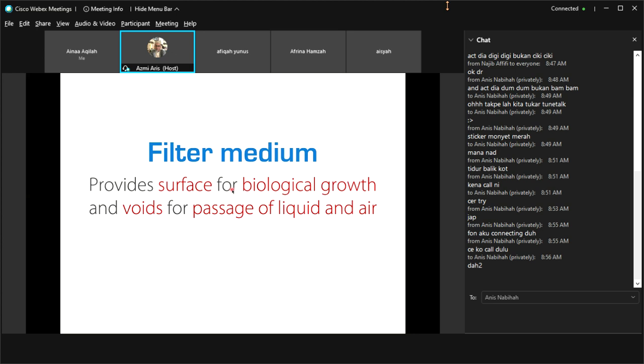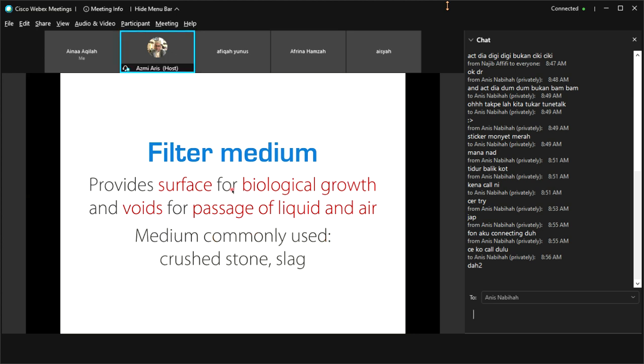So it is very important that the media has sufficient openings or voids in order for the wastewater and the air to pass through the media. This is a very important characteristic.